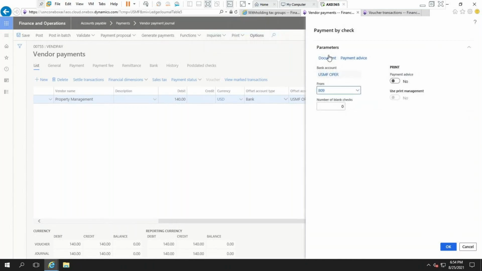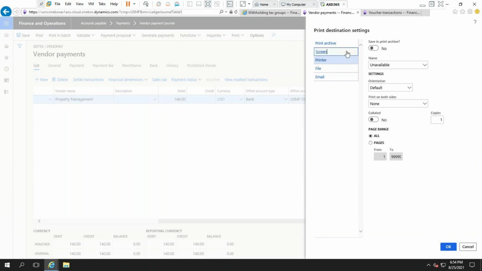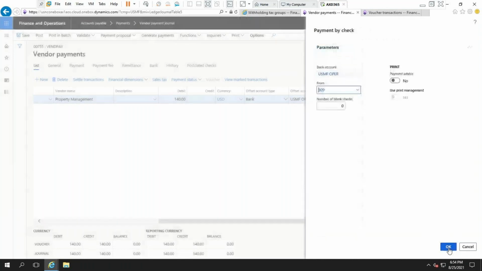As I told you, if any default printer is there, it will go to the printer. So don't print that one, try to select screen if you have a default printer. Otherwise, both are the same. Click OK. Then this 809 check number will be filled in the check number and it will be printed.